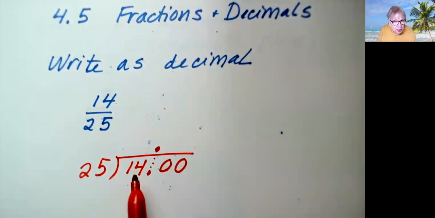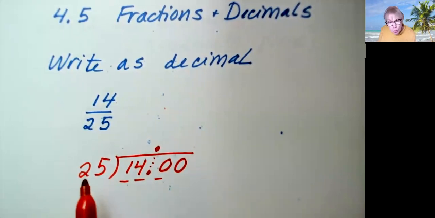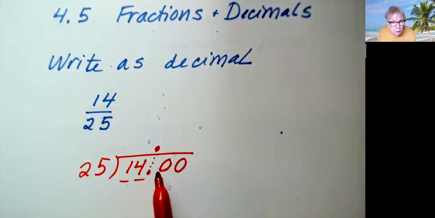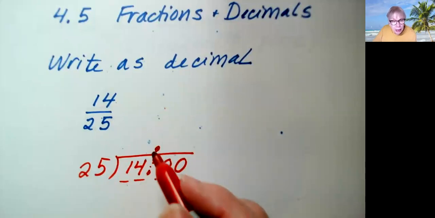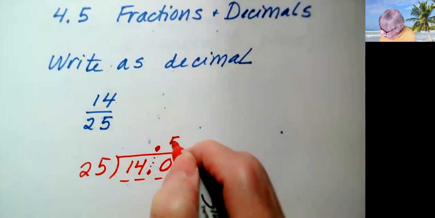So 25 did not go into 14. We realize that. But 25 will go into 140. And if you think of money, this is quarters, and this is $1.40. How many quarters would you have? Well, you would have 4 for the first dollar and another one, and then that would be 5.